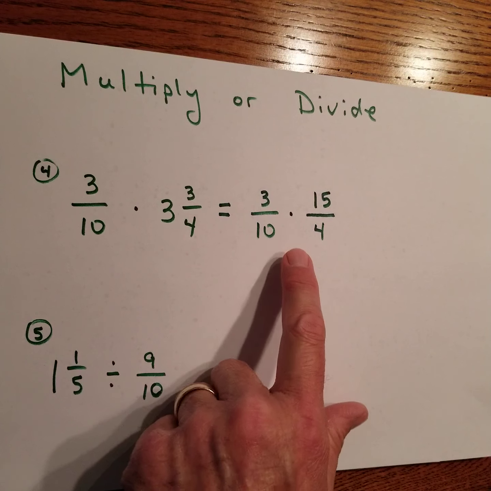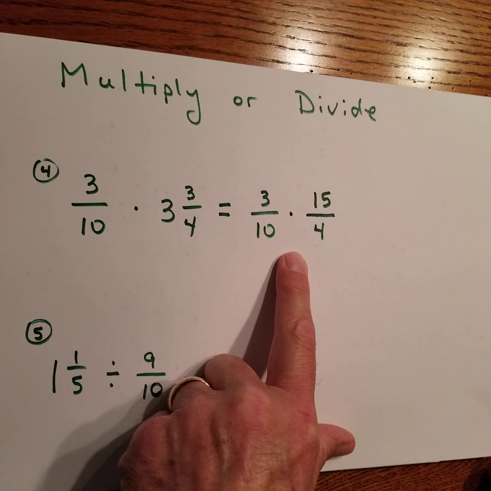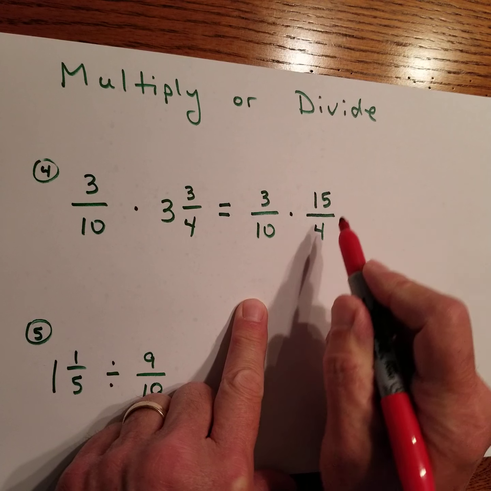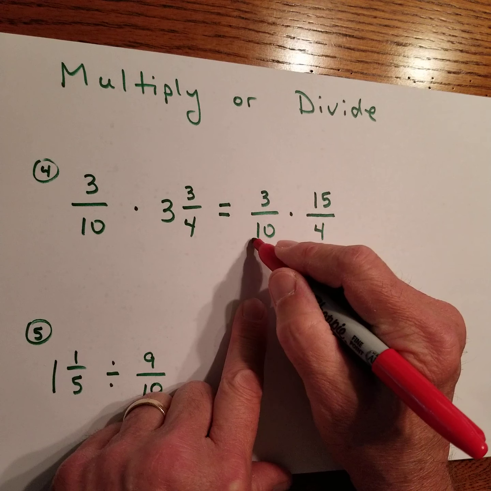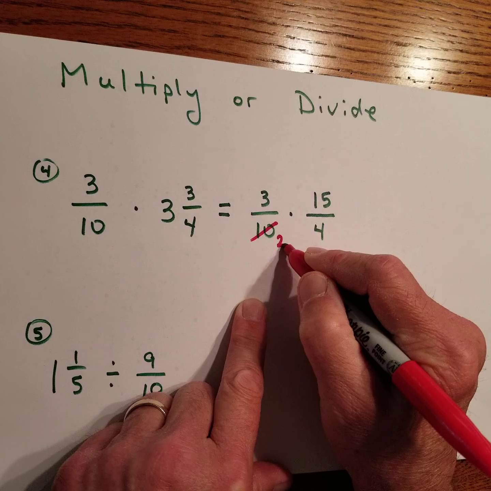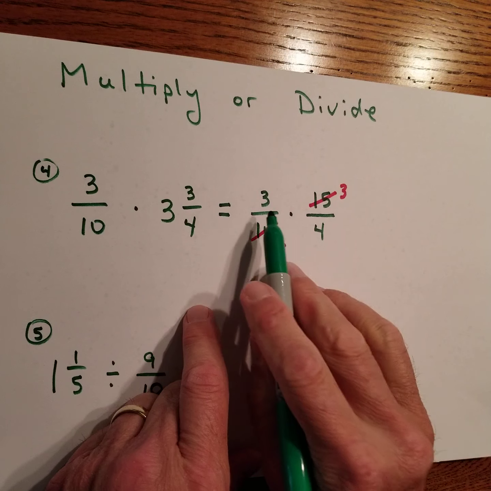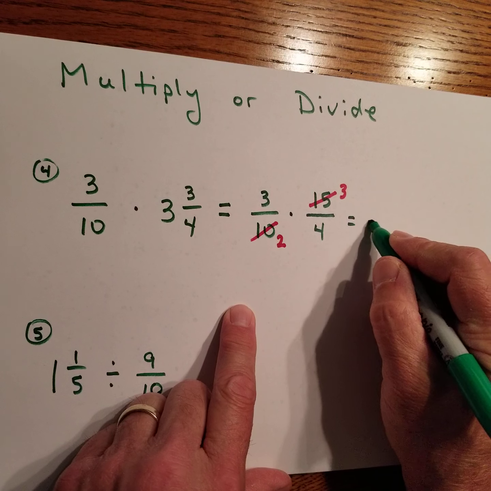Now, when we multiply, we do not need common denominators. We do reduce. Never reduce side to side, only tops and bottoms. I notice the 10 and the 15 are both divisible by 5. Again, never reduce side to side, only tops and bottoms.